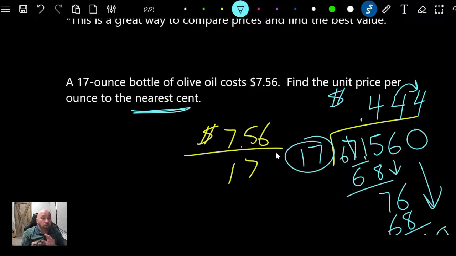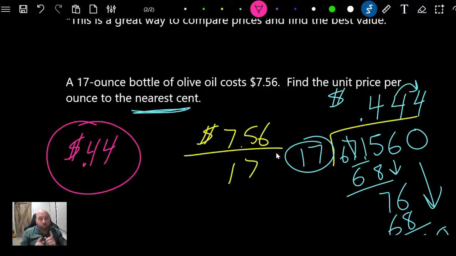It's 4 or less, so we leave it the same. The answer to the problem would be 44 cents, the unit price per ounce. So we're buying olive oil, and it's per ounce because we had a 17-ounce bottle. So it's 44 cents per ounce.